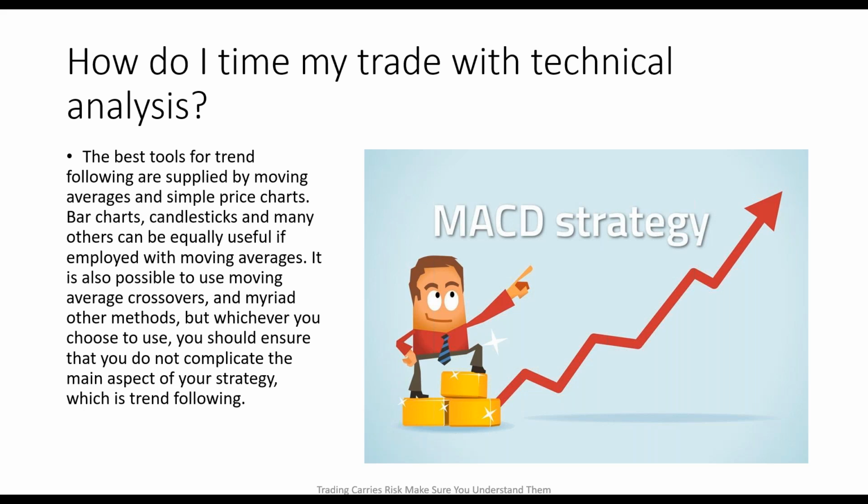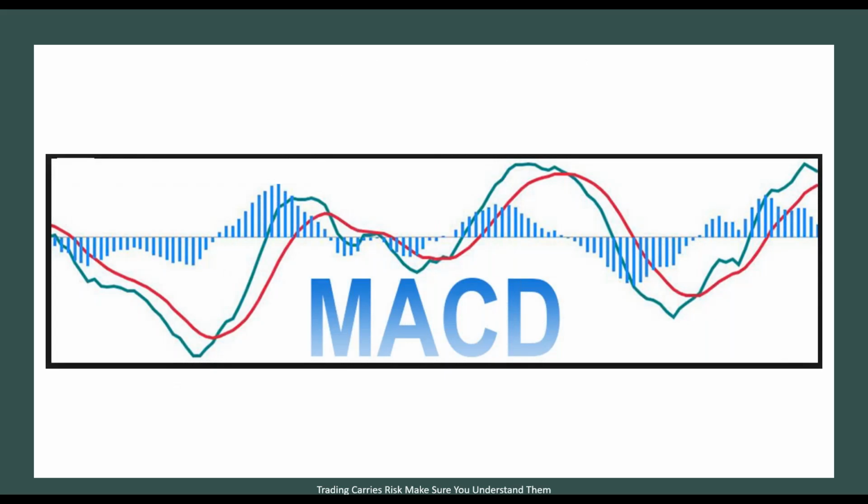It's possible to use moving average crossovers or strategies like MACD. But whichever you choose, you should ensure that you do not complicate the main aspect of your strategy, which is simply trend following. You don't need to apply many of them.